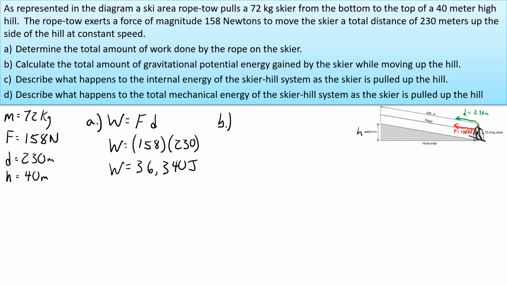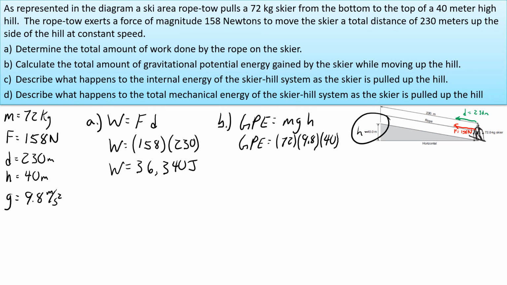Well, the GPE is equal to mgh, and this is equal to 72 kilograms times 9.8. Oh, I'm writing 9.8 and I forgot to write it over here. So I'm just going to come back and write it over here. That's fine. Times 40, because that's the height that you gained.